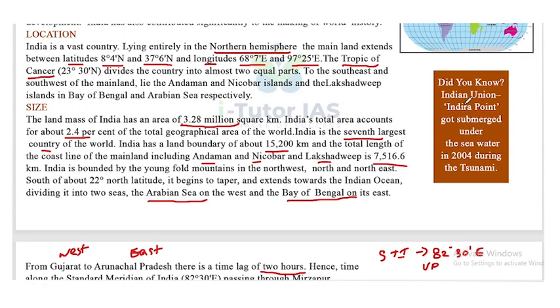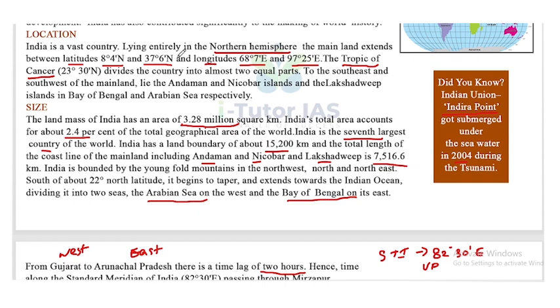Indira Point, the southernmost point of the Indian Union, got submerged under the sea water in the 2004 tsunami.